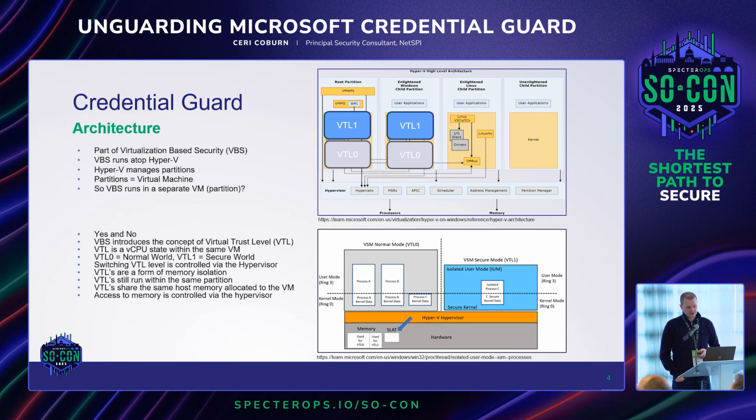The reason I'm saying it's yes and no, it being an independent virtual machine, is that it still shares the overall memory of the host, or the guest if it's a child. It's not separate. But access to that memory is controlled through the hypervisor. So the hypervisor will determine whether anything from the normal world is allowed access to those pieces of memory that are in the secure world.